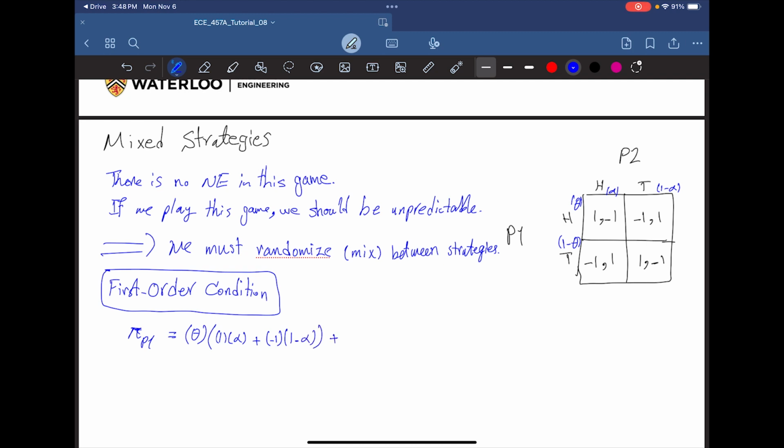Now for tail, 1 minus theta, negative 1 alpha plus 1 minus alpha.